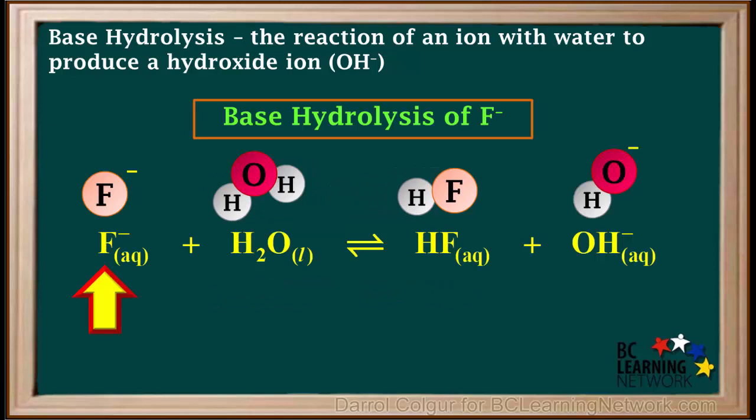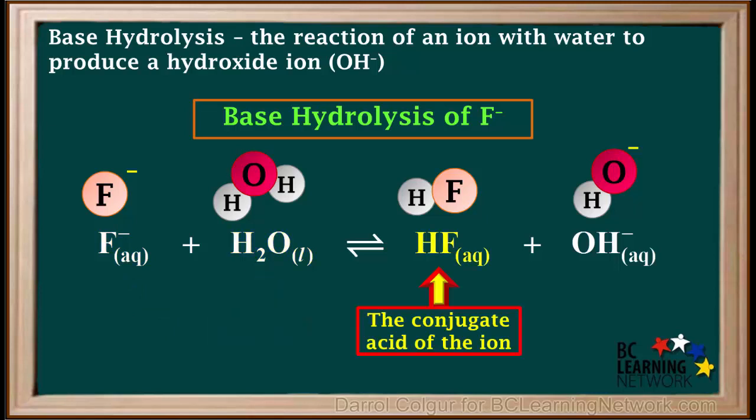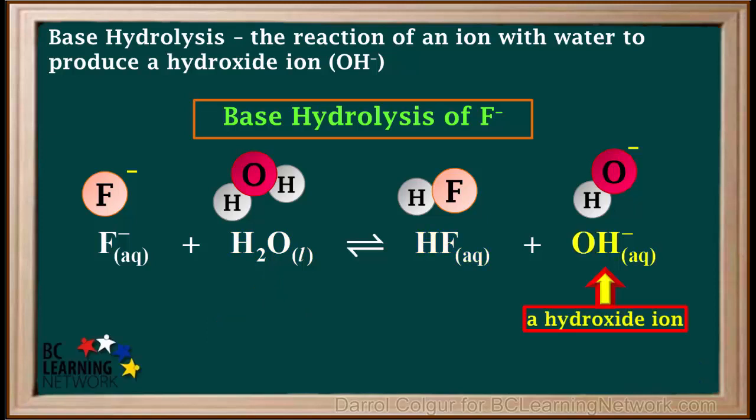The equation for the base hydrolysis of the fluoride ion, F-, then, is F- plus water gives HF plus OH-. So in base hydrolysis, we have an ion which reacts with water and removes a proton from it, giving the conjugate acid of the ion and a hydroxide ion.